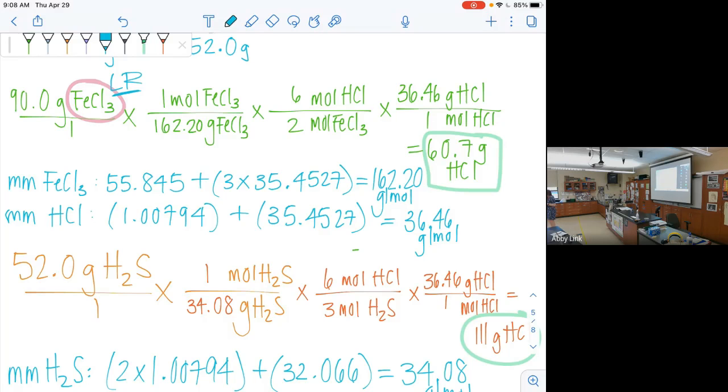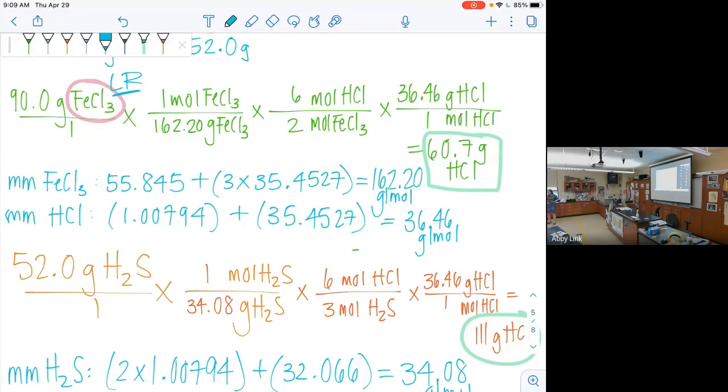If you think about your BCA table, you always come out with how much excess reactant you have left over. That's almost a step that you have to do to complete your BCA table. In a traditional method, calculating how much of the excess reactant is left over is a whole additional piece.